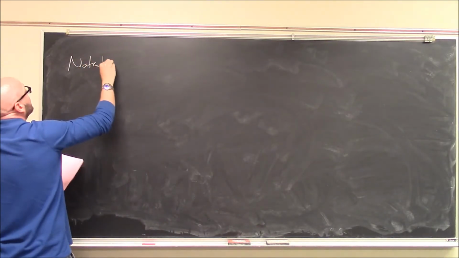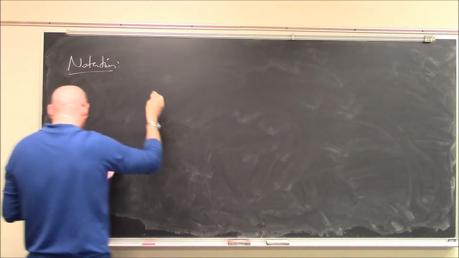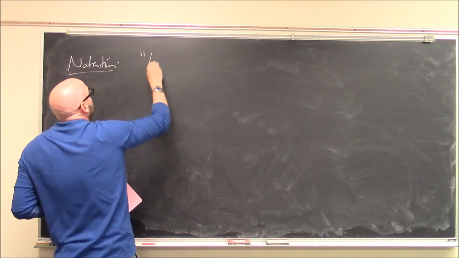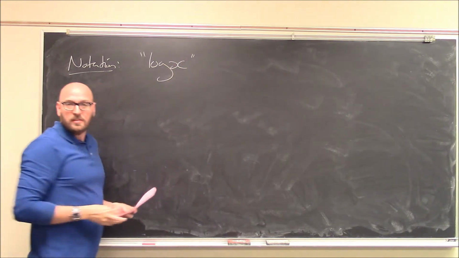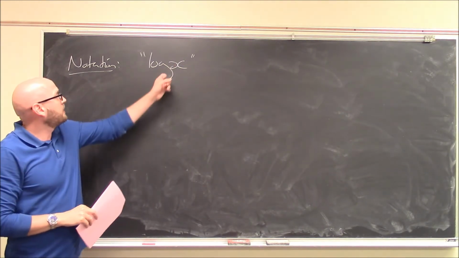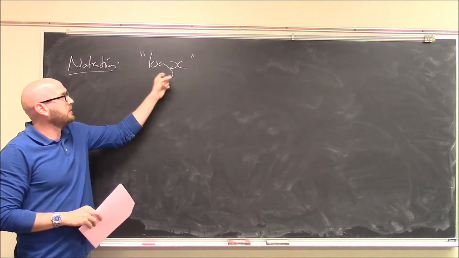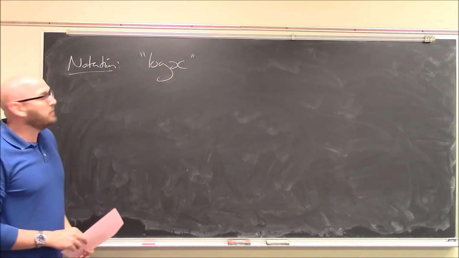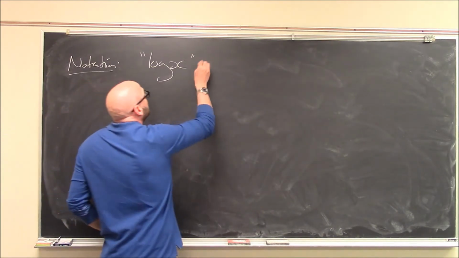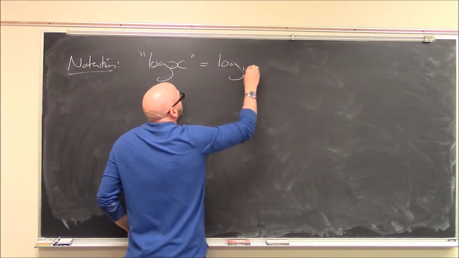All right, a couple of things about notation. Sometimes you'll see log of x. What's missing? I don't have a base here. We've always written so far log to the base a of x. If the base is left off, it's usually understood to mean base 10.